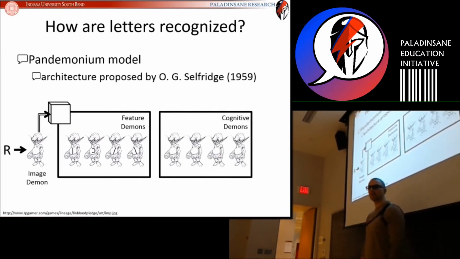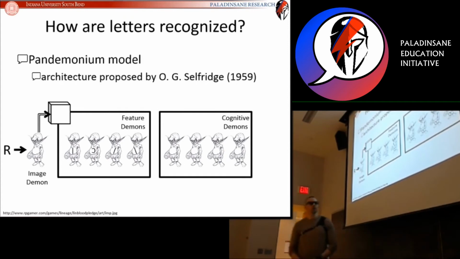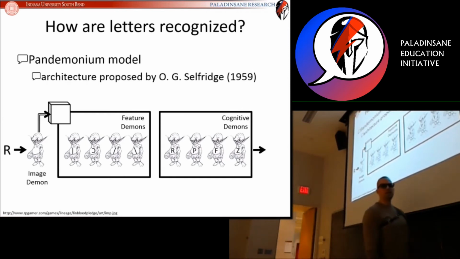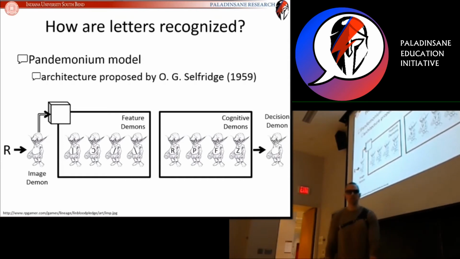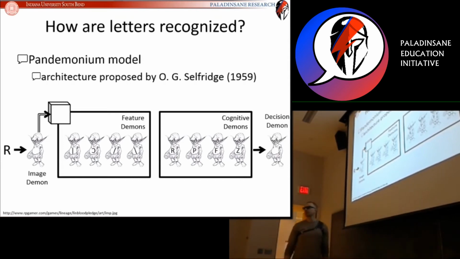Well, they let the cognitive demons know. So these image demons, these feature demons, they will contact these cognitive demons. And these cognitive demons have the letters that you can recognize. So there's your R demon, there's your P demon, there's your F demon, and there's your Z demon. And then these demons, if they get activated, will tell a decision demon what it is that they found, what it is that they think they're looking at.